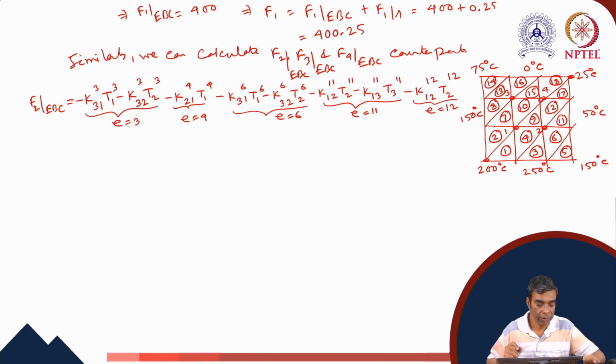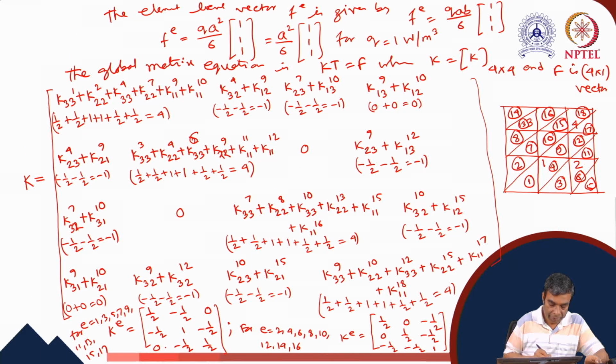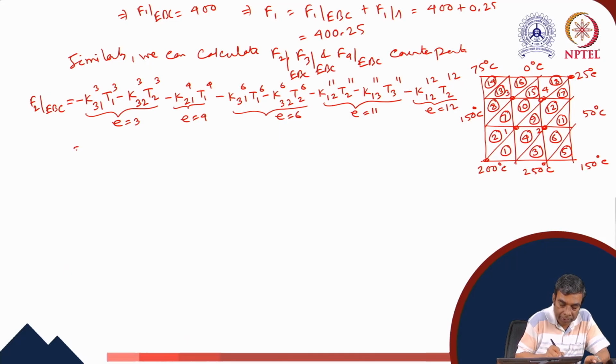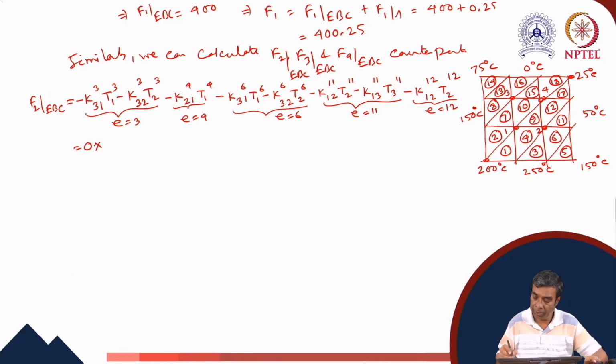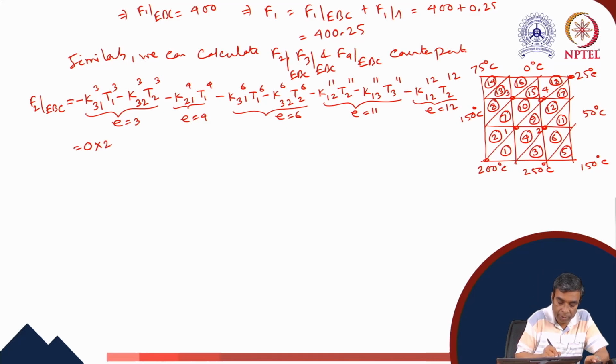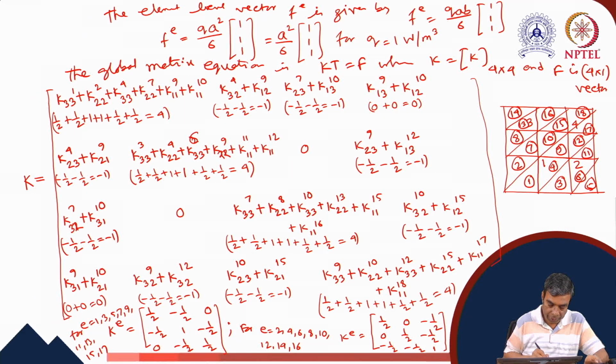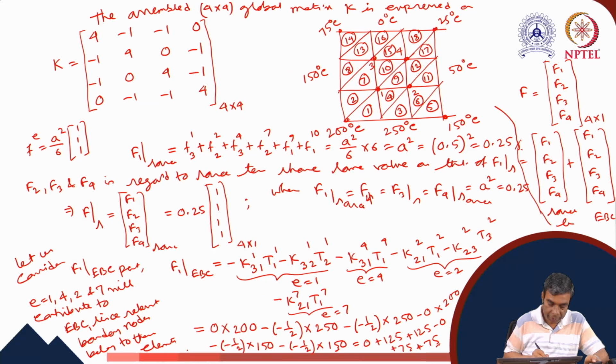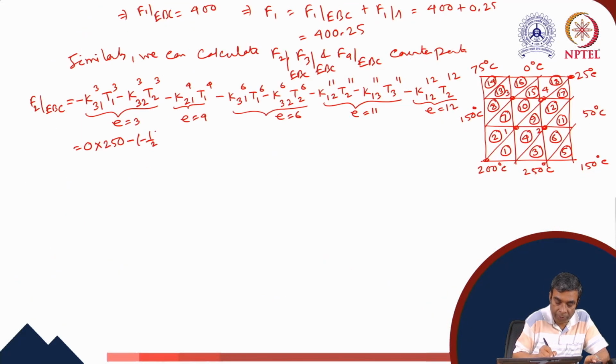Let us consider the contribution from E3. So K313. Let us first write these matrices here. K313 is 0, so this gives us 0 into T13, where T1 is 250. Minus K323. K323 is minus half, so this gives us minus half into 250.